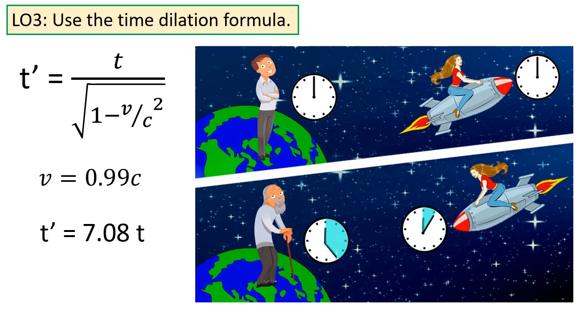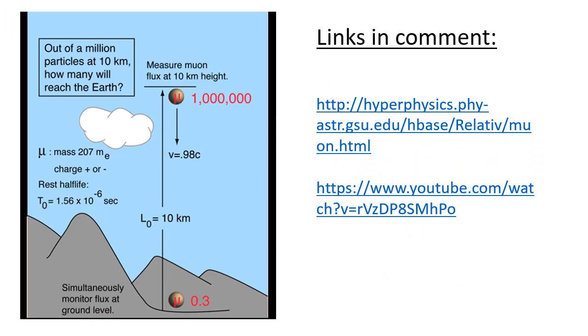One place where this has been experimentally measured is muons moving towards the ground from the upper atmosphere where they are created. In a lab, muons have a half-life of less than 2 microseconds. Owing to this short half-life, most muons should decay before they reach the ground. However, at the ground, we do detect a significant proportion of the muons, a significantly higher portion than we might expect.